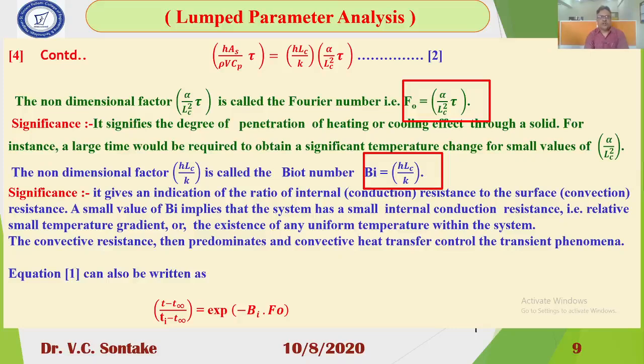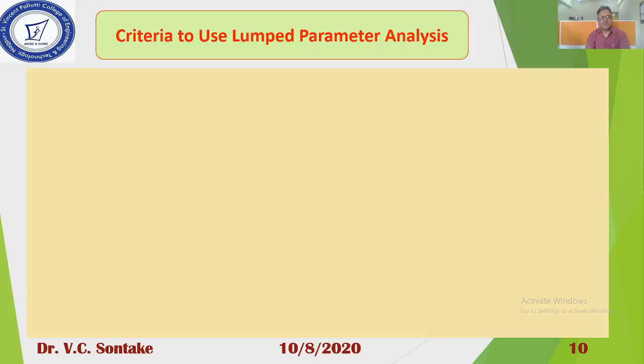So this is another way of representing the lumped parameter analysis equation to find out the temperature variation of the body undergoing transient heat conduction process. Now from this discussion, we could conclude that lumped parameter analysis is the easiest method to find out the temperature variation of a body undergoing transient heat conduction.